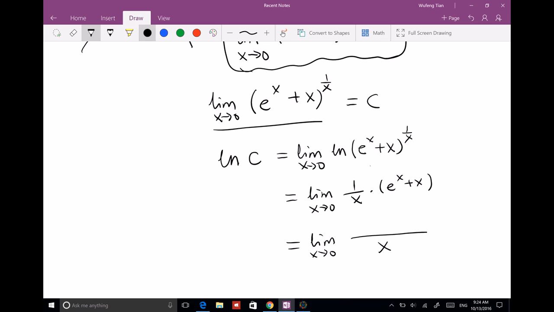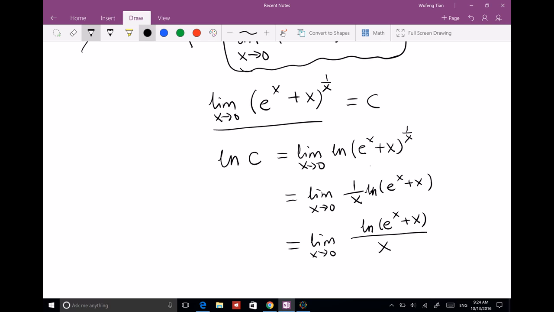I forgot the ln. ln is right here. x is the denominator, so it's ln(e to the power x plus x) over x. Does it make sense, everyone? Because you bring down the 1 over x, x is the denominator, you multiply by 1 over x. And 1 times ln is ln, with x in the denominator.